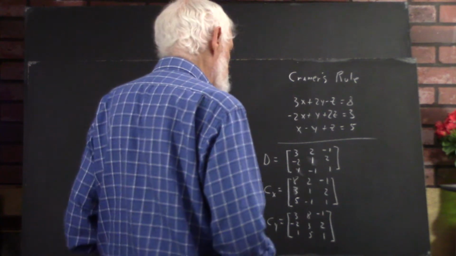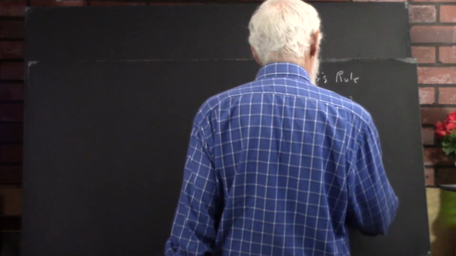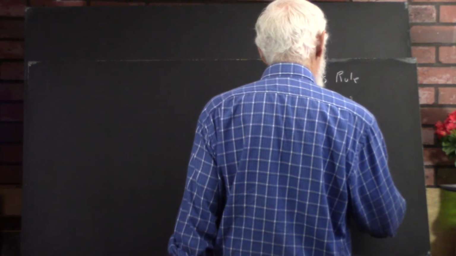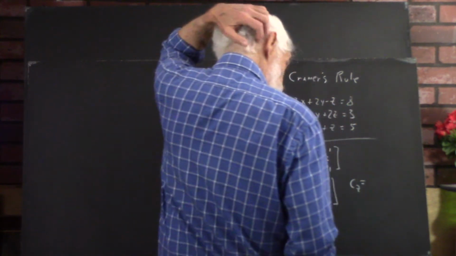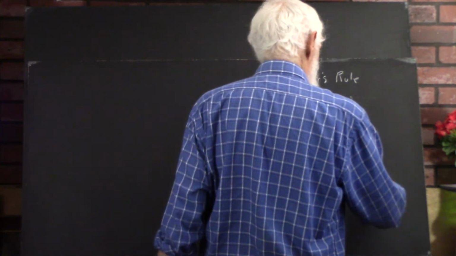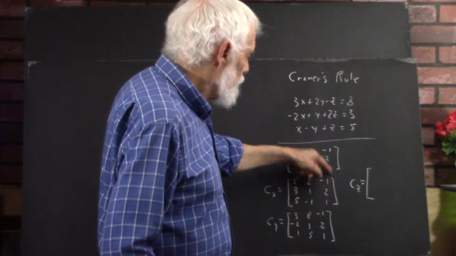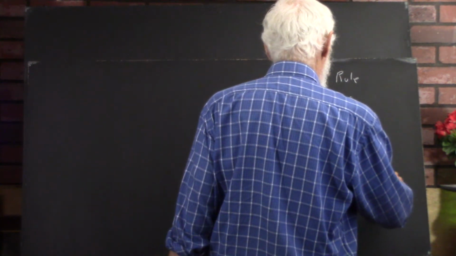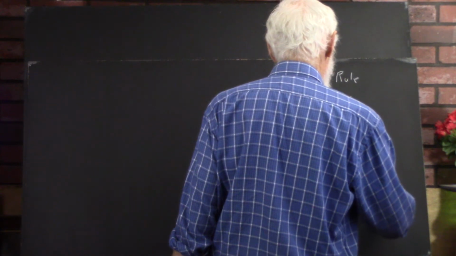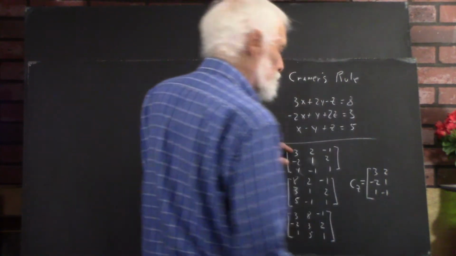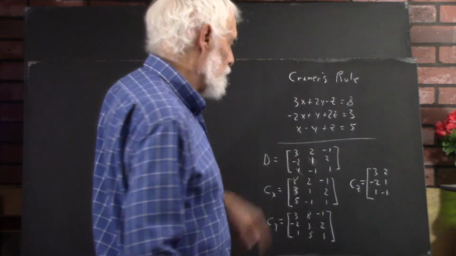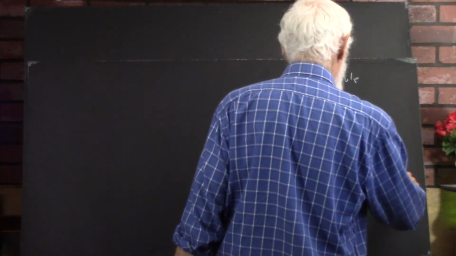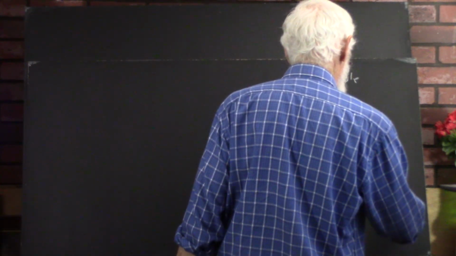And then CZ, you replace the column of coefficients of Z with these numbers. The first two columns are as they are, and then your last column is the Z column, and that'll have the 8, 3, 5.